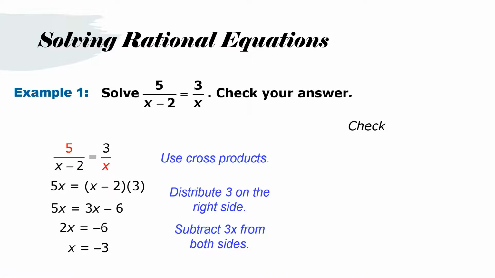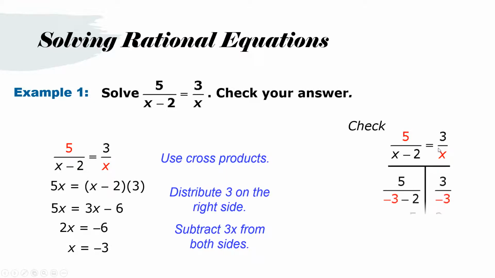So, let's try to check. From the original equation, 5 over x minus 2 equals 3 over x. Substitute negative 3 for x. So, we have 5 over negative 3 minus 2.